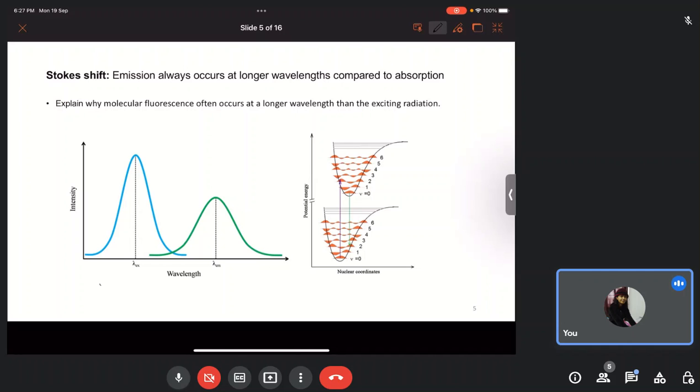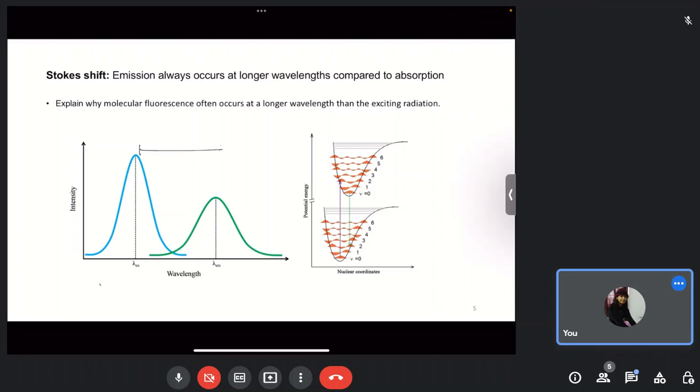So this is a representative overlay of the excitation spectrum, which is denoted in blue, and the emission spectrum, which is denoted in green. You can see that there is a shift in wavelength maximum, and the wavelength maximum has increased, right?